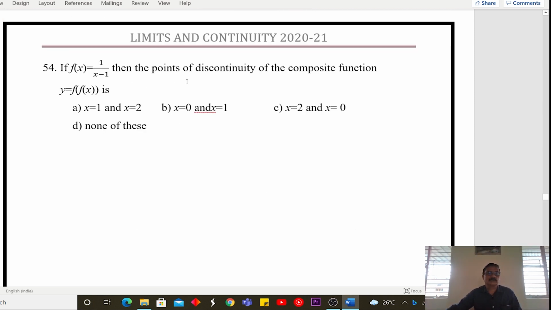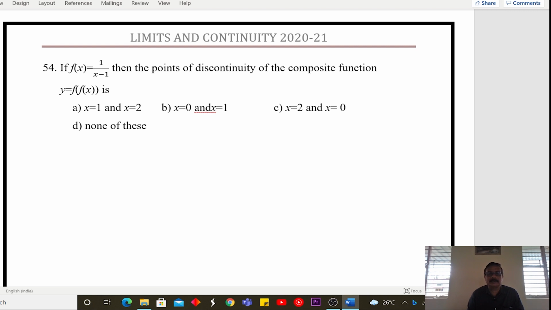54th question. If f of x is equal to 1 divided by x minus 1, then the points of discontinuity of the composite function f of f of x is: x equal to 1 and x equal to 2; x equal to 0 and x is equal to 1; x is equal to 2 and x equal to 0; none of these. So again it is discontinuity.